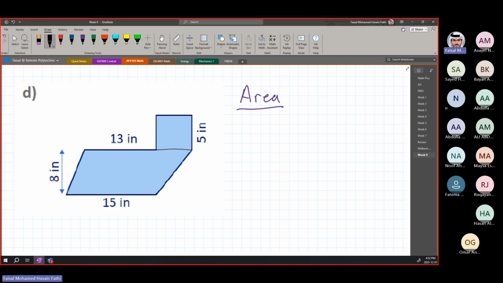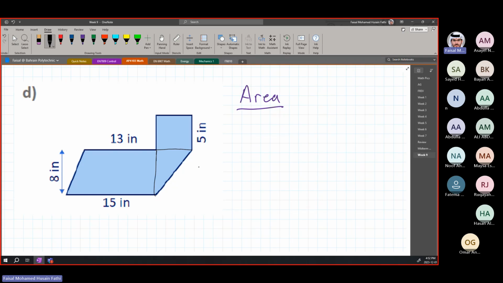I'm going to cut this over here as well, so I can get a triangle. And then this is just a trapezoid, okay? So I'll have three shapes here. I could do this in two trapezoids, but I'll keep it this way. This is the way I want to do it.